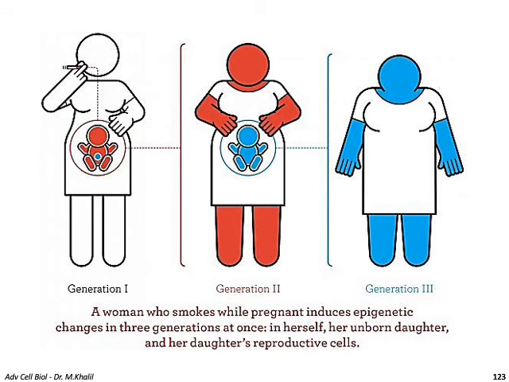Keep in mind that a woman who smokes while pregnant will induce epigenetic changes in three generations at once: in herself, her unborn daughter, and her daughter's reproductive cells. Why are we talking about epigenetics? Because histone modification is a type of epigenetic modification.